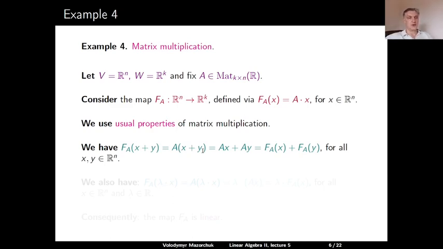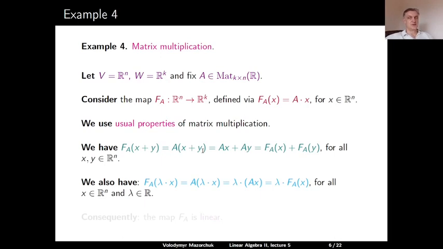And this is true for all x and y from R^n. And we similarly have F sub A applied to lambda x is equal to A times lambda x, but since scalars commute with everything in matrix multiplication, this is equal to lambda times Ax, and Ax is F sub A of x. And this is true for any x in R^n and any lambda in R.